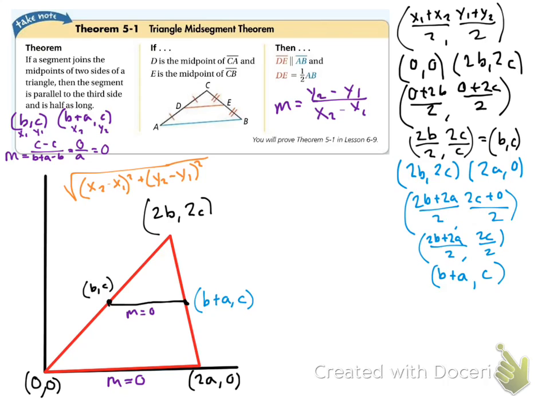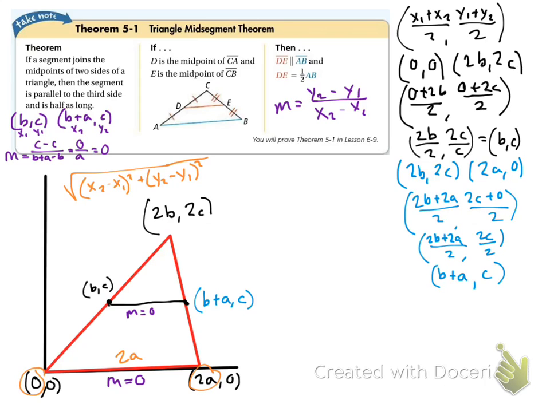Okay, so here's another option, right? I can use my distance formula for both of them, but look at my bottom base. If I'm going to the right, if I have an x-coordinate of 0 and then an x-coordinate of 2a, that means I just went over 2a. And that's only because we know they're horizontal, because the y doesn't change.